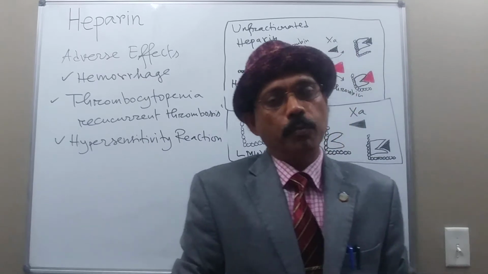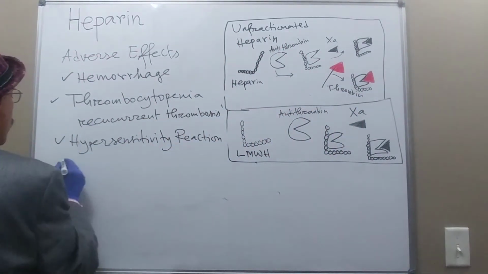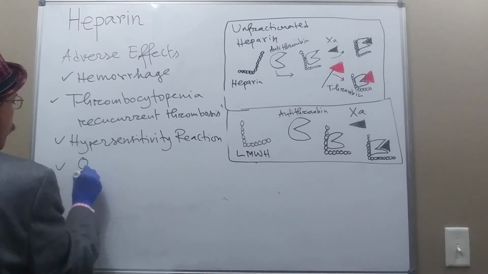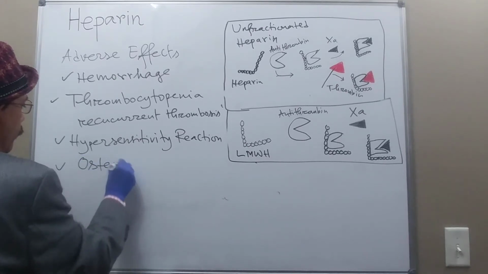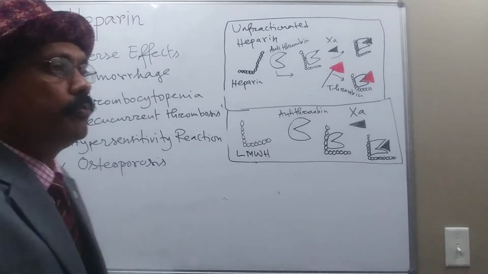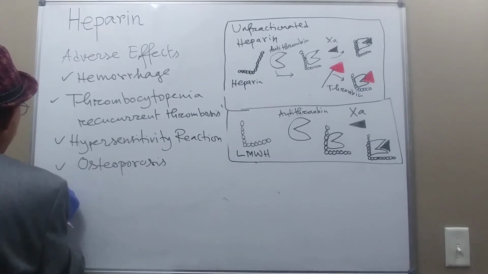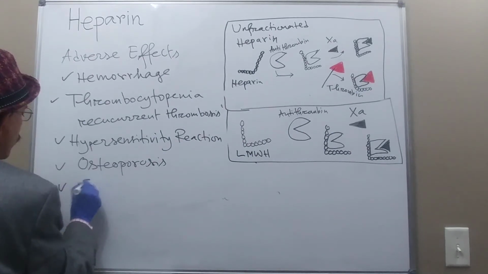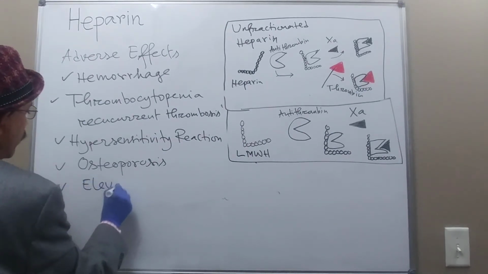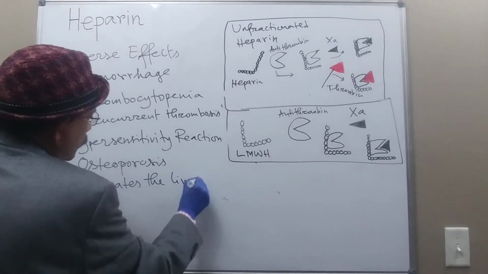They have different types of protein, so there is a chance of hypersensitivity reaction. We may have osteoporosis. Prolonged use may lead to osteoporosis, and it will elevate the liver enzymes. That is another adverse effect.